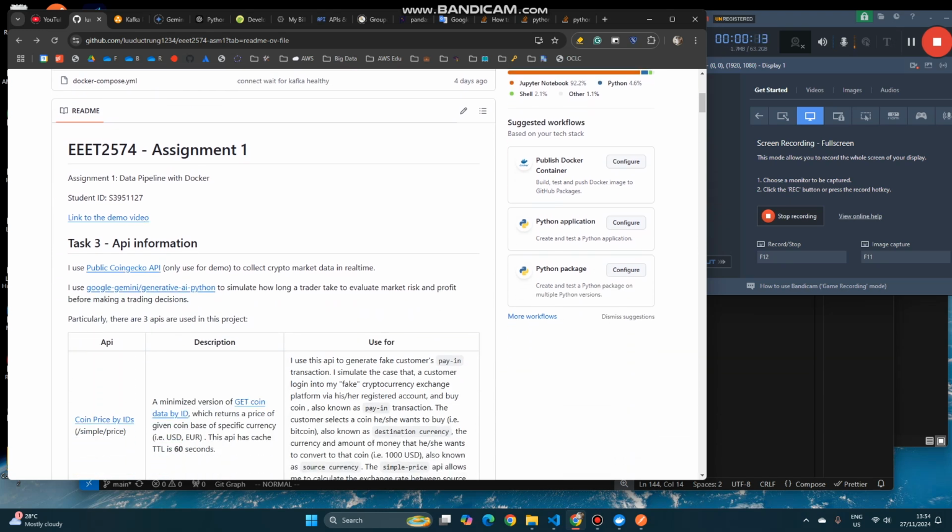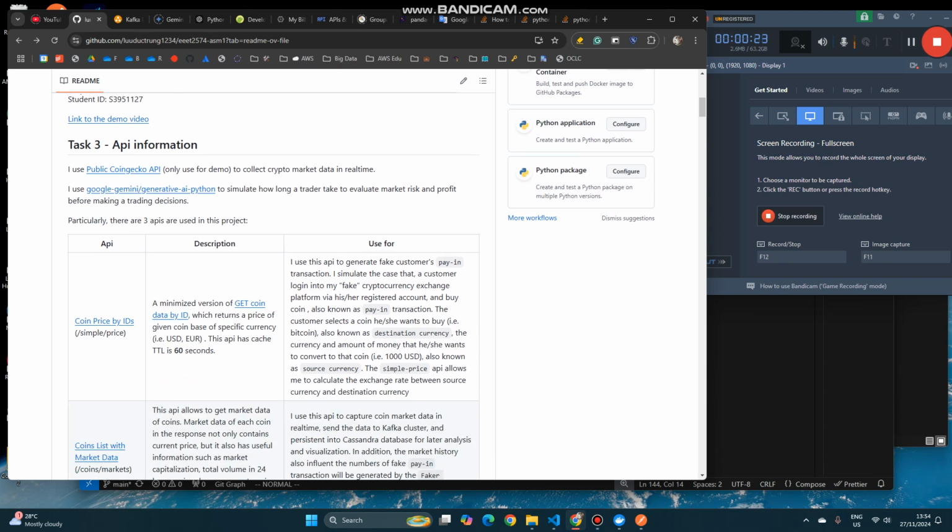Before we start to run the data pipeline infrastructure in the project to collect the real-time data stream, let me talk about the API information that I am going to use in task number 3 to generate the fake data. The first API is the CoinGecko API.